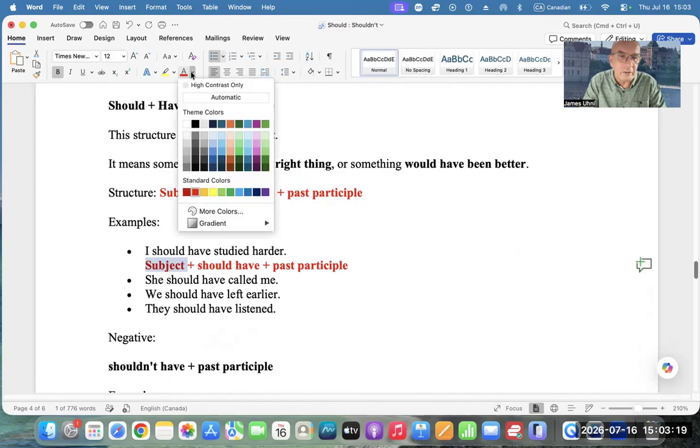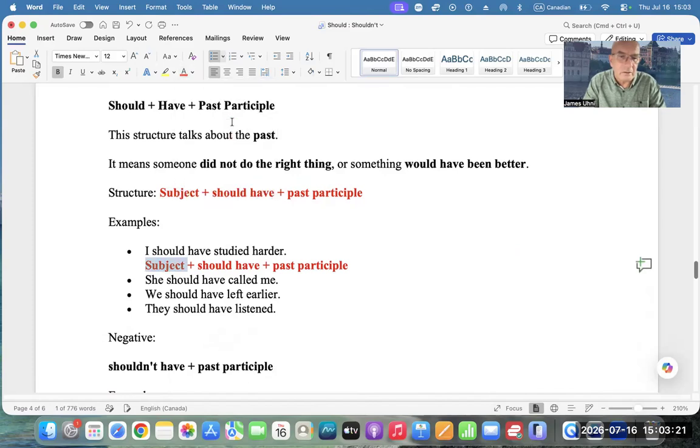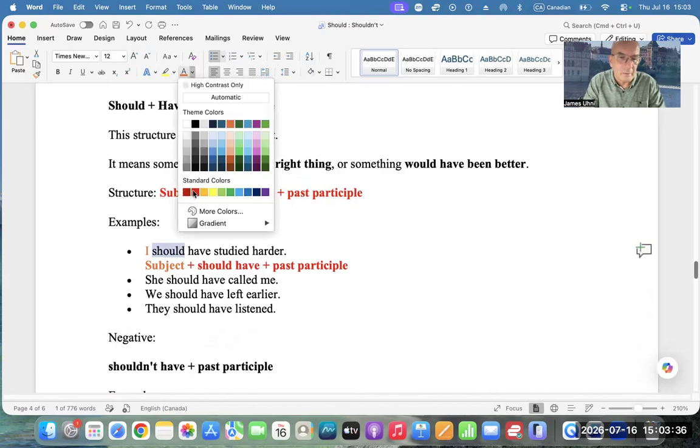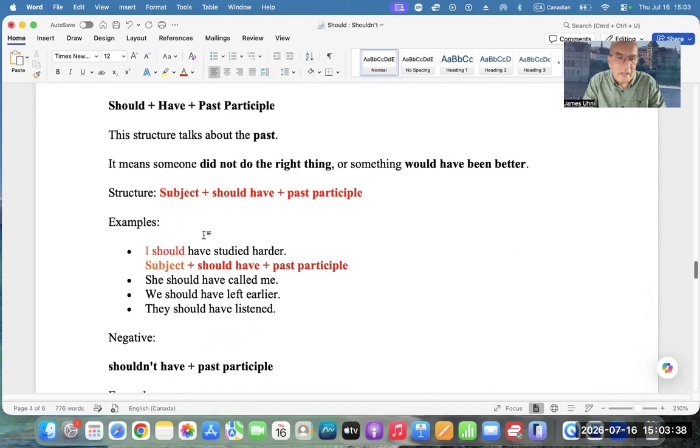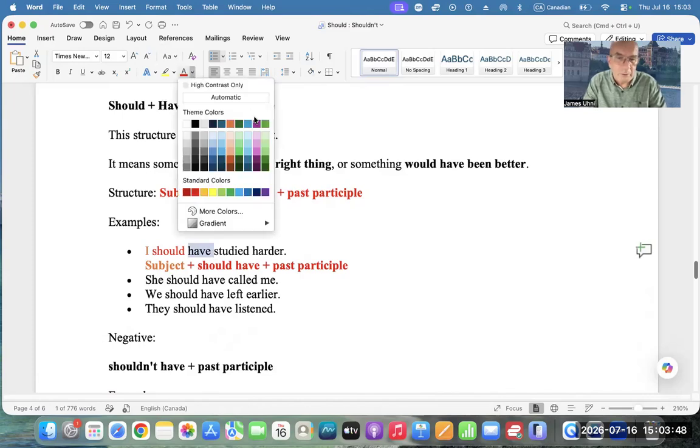It will be in orange, and orange is I, that is subject. Should stays red. Now, what is have? That's helping verb. Helping verb, I'll make it purple.